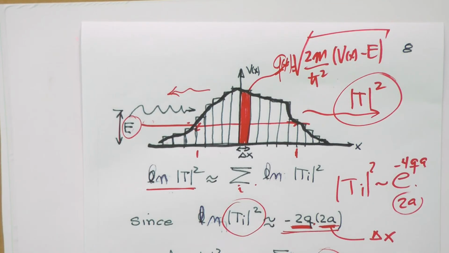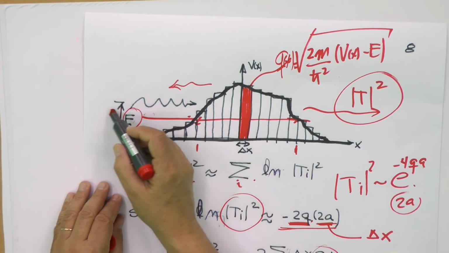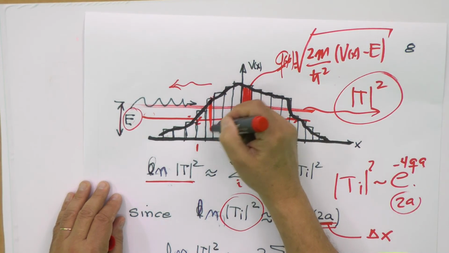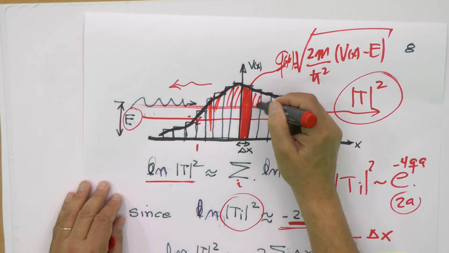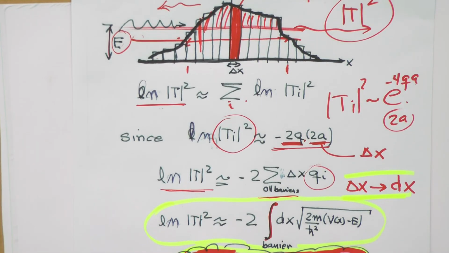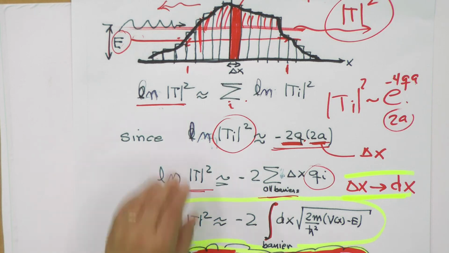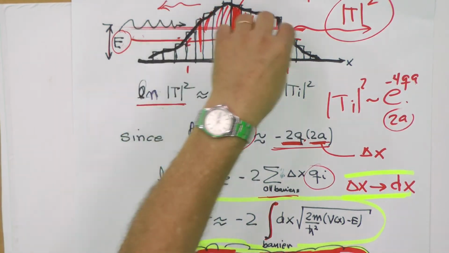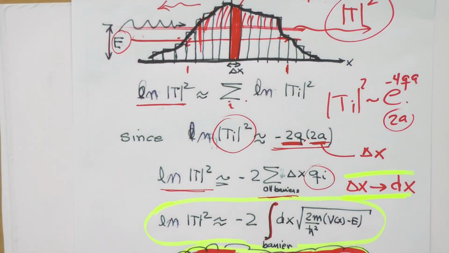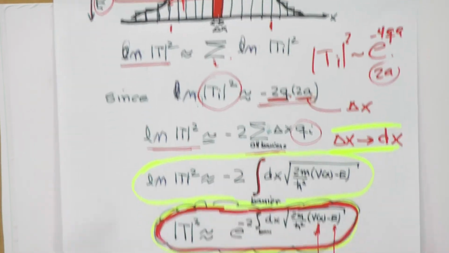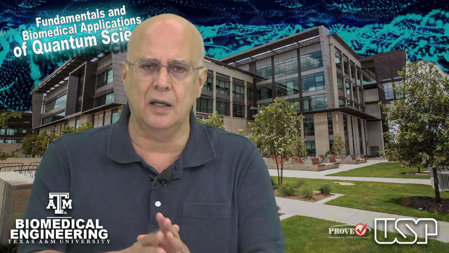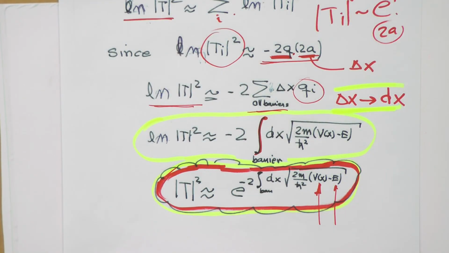So if the energy of the particle has some value like this, I have to consider that part of the barrier as the tunneling part. I know exactly from where to where by setting the energy equal to the potential at that point. That's trivial, and I have an expression for the tunneling of any barrier I want.